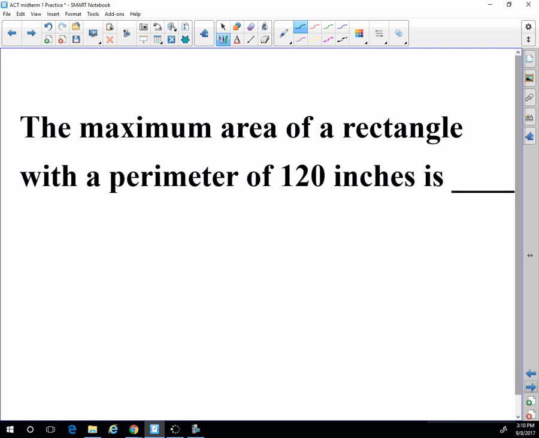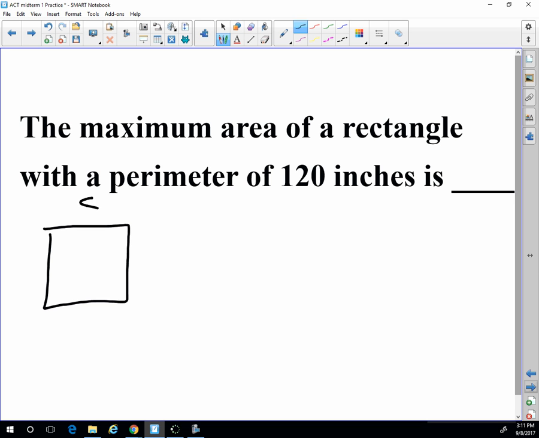The maximum area of a rectangle with a perimeter of 120 inches is what? Well, we know that the 4 sides of this rectangle add up to 120. I'll just let you know that the greatest area for a given perimeter of a rectangle will be a square.